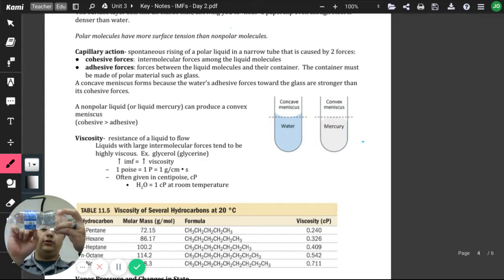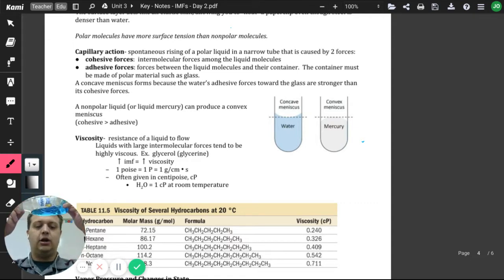The water is quickly moving to change that, right? It's not resisting that flow really at all, okay? Now, if I take something like dish soap, turn it on its side, what do we notice? Did it resist that flow? Yes, it did. Now, liquids with a large IMF, a large intermolecular force, do tend to be highly viscous.